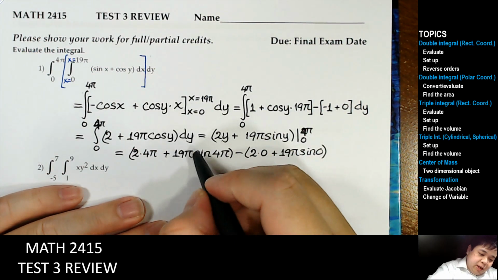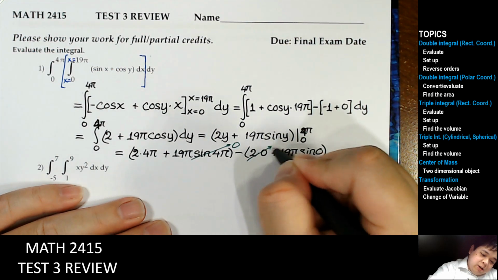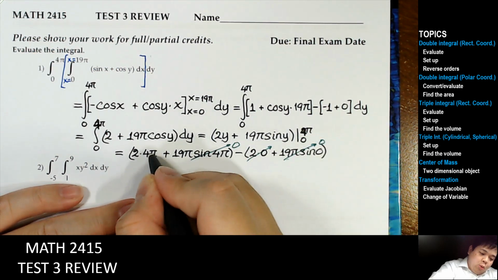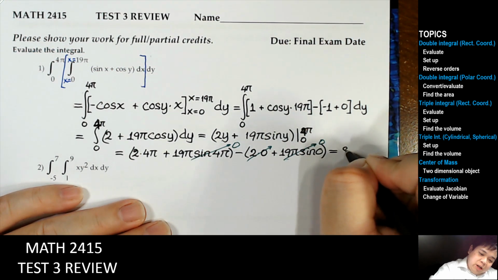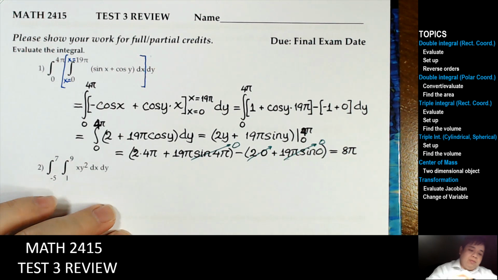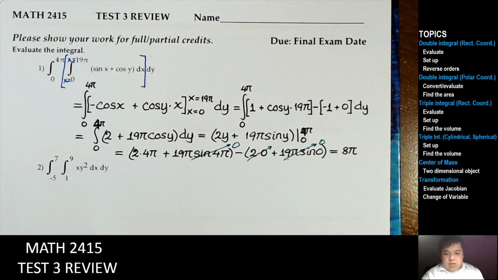Sine of 4 pi is 0, so this goes to 0, this is 0, and this is 0. We're only left with 8 pi. So that's what we have. So integrate with respect to x, y is a constant, and integrate with respect to y, x is a constant, and vice versa.